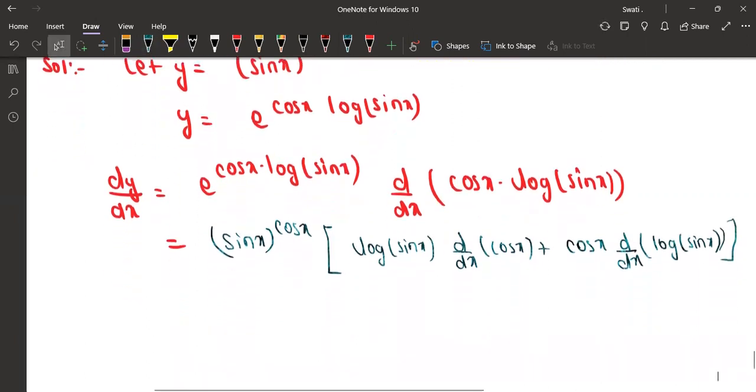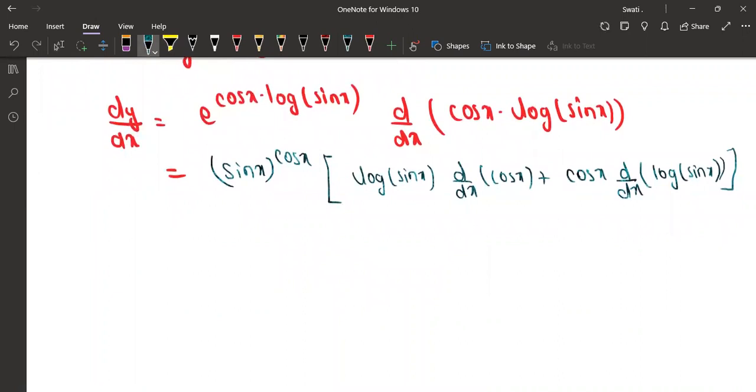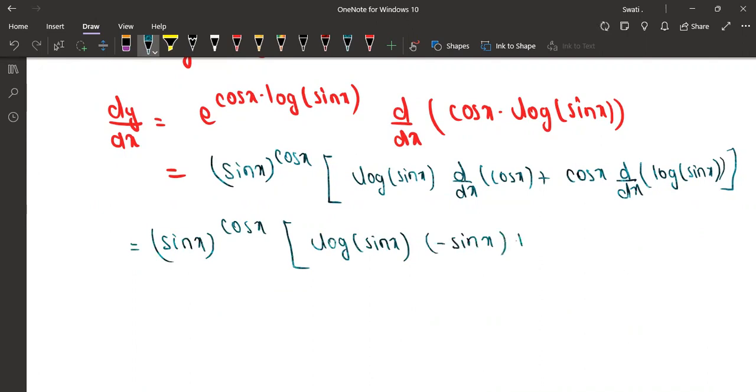Now, in the next step, we will write down this as it is, sin x raised to cos x. And then this will become log sin x as it is. And derivative of cos x by using the formula, it will become simply minus sin x. This is plus cos x, and derivative of log x is 1 upon x, that is 1 upon sin x.